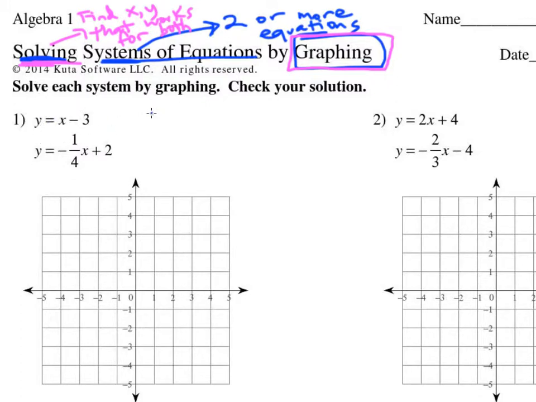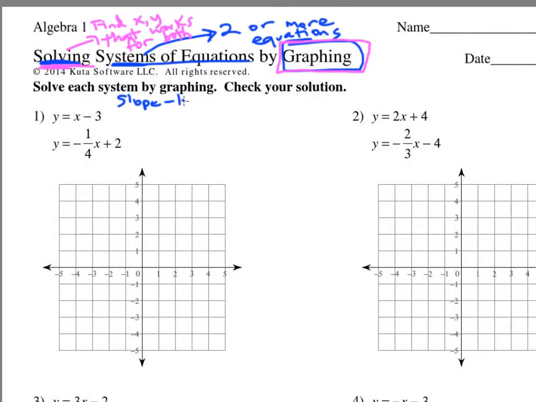So first off, remember we talked about two different ways to graph. We have slope-intercept, y equals mx plus b. And if you remember, for slope-intercept, we did the begin and move. That was our strategy for slope-intercept. Then we had standard form, which was ax plus by equals c.